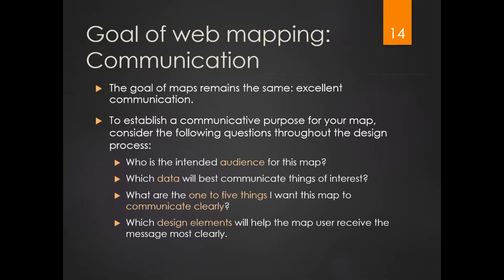Which means some map elements should be there, and some of them should not. Okay, I believe you have learned how to answer these questions in cartography class. And in geovisualization, it's the same thing. In web mapping, it's still the same thing. You have to ask these questions and answer them before making a web map.